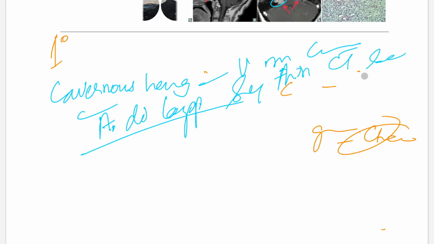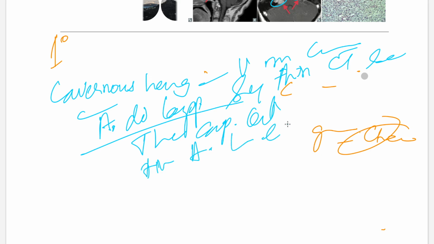These capillaries only have thin adventitia and lack elastin fibers and smooth muscles.